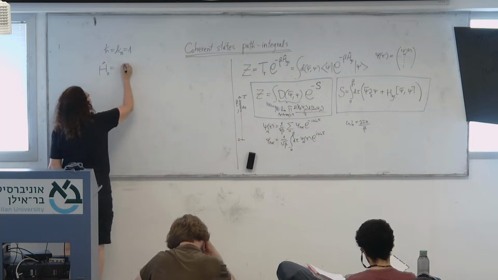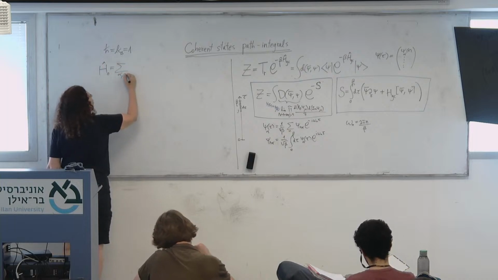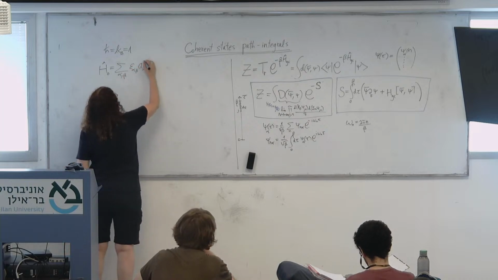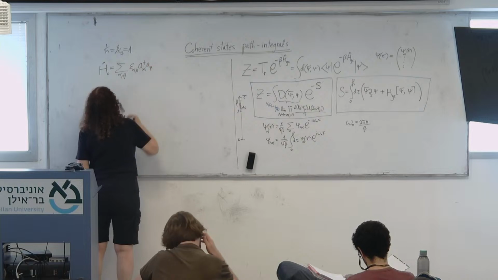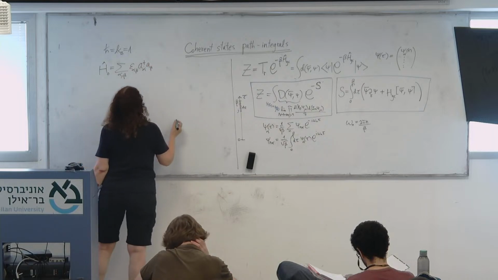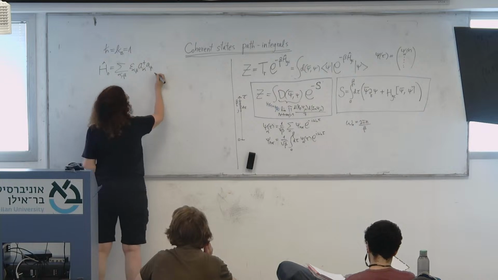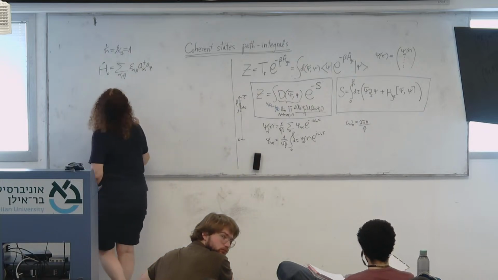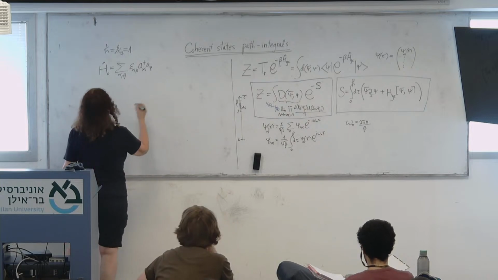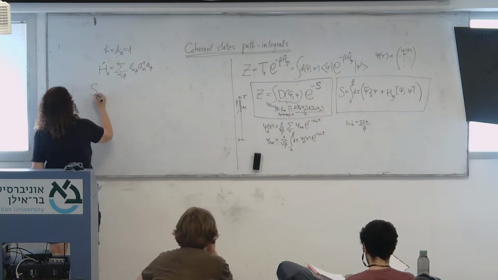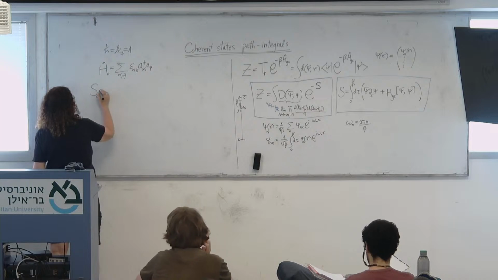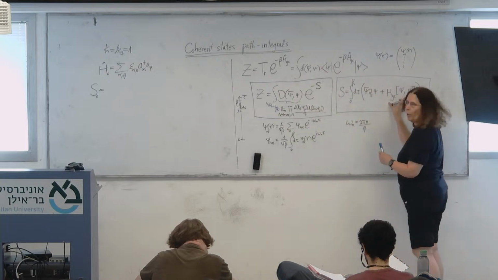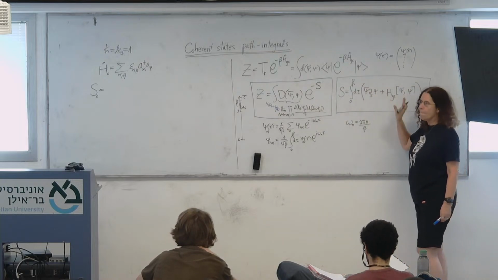H0 is just the sum over alpha beta of epsilon alpha beta, a alpha dagger a beta. And therefore, the grand canonical H is going to be, so I then write the action S0, the action that I get when I plug in this Hamiltonian.